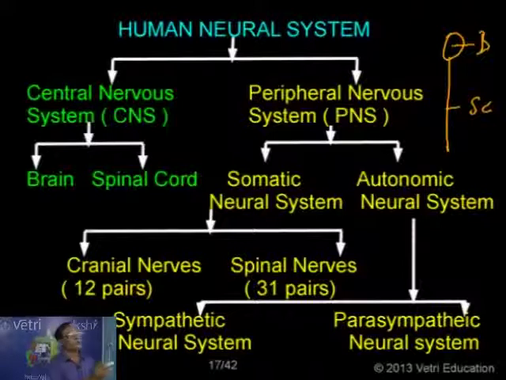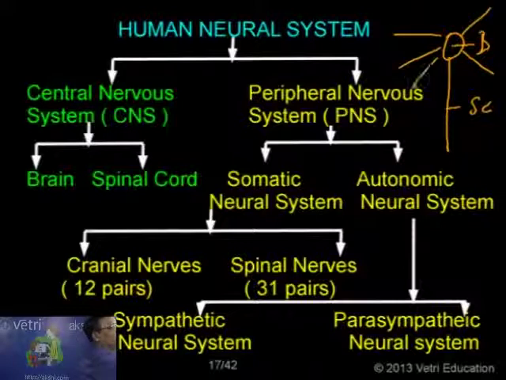From the brain as well as the spinal cord, many nerves arise, moving towards the peripheral organs. Those nerves carry information from the receptor towards the central nervous system and also from the central nervous system to the effector organ.